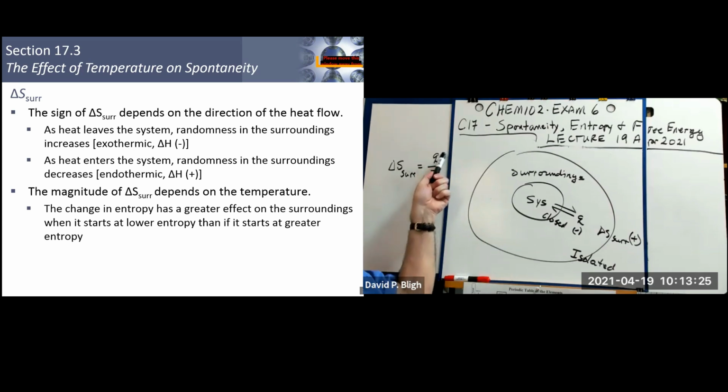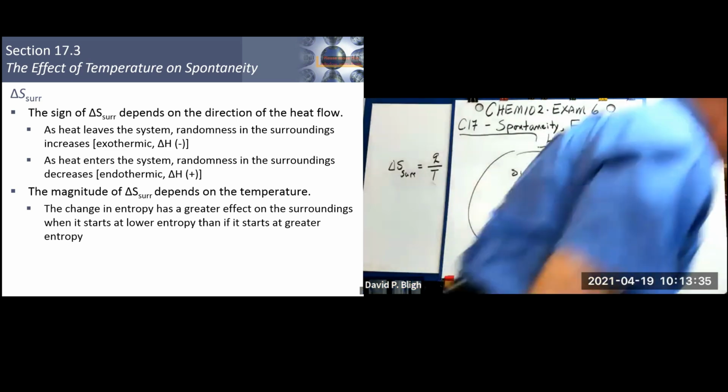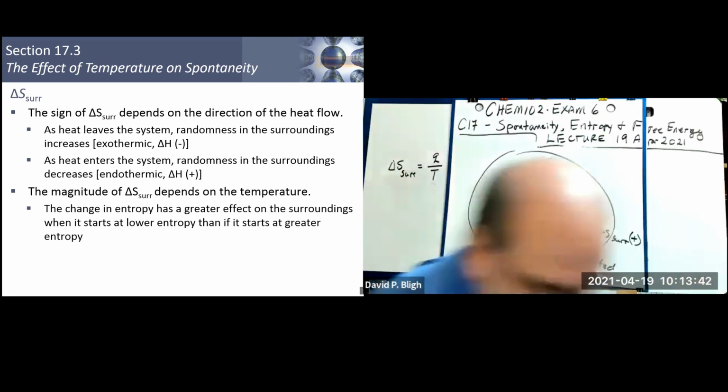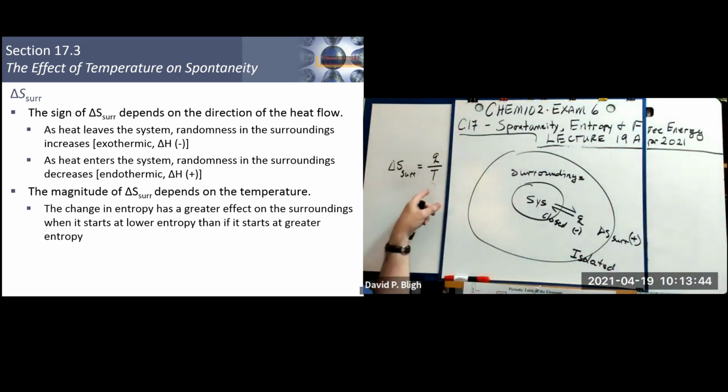So that means the Q goes in the numerator, right? Because as this goes up, that has to go up. But it's inversely proportional to the temperature. So that's why we put the temperature down here, because as the temperature goes up, this goes down.